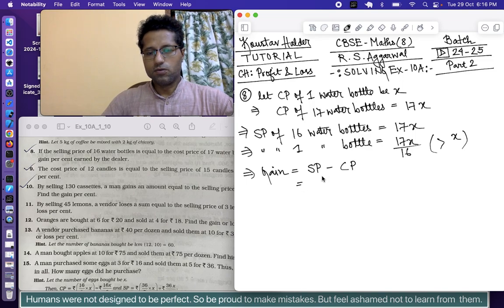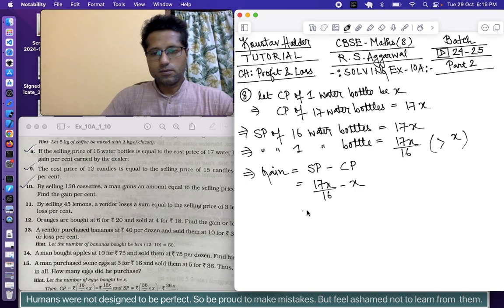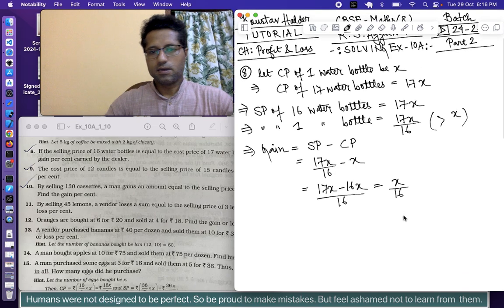So gain is equal to 17x by 16 minus x, which is equal to 17x minus 16x by 16, which is equal to x by 16.